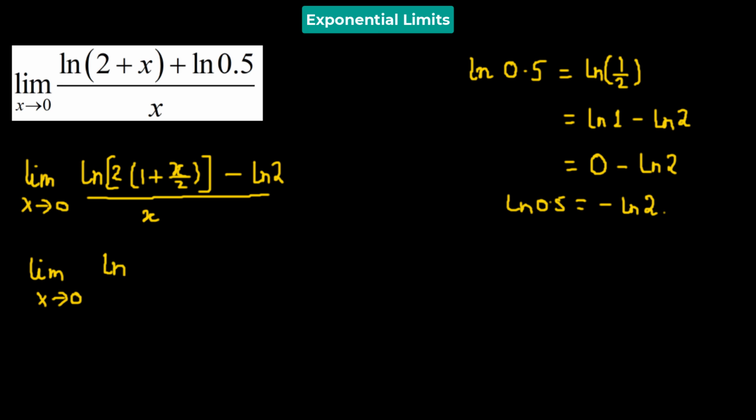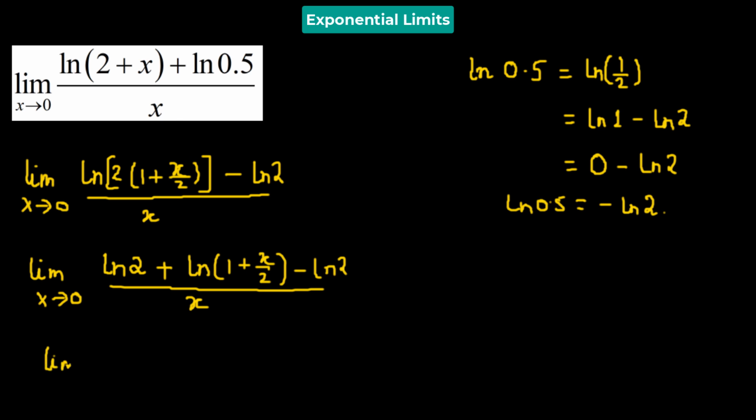So using the property of logarithm, we have log of 2 plus the natural log of 1 plus x over 2, minus log of 2, whole divided by x. So the log of 2 and negative log of 2 get cancelled, leaving us with limit x approaching 0, natural log of 1 plus x over 2, whole divided by x.